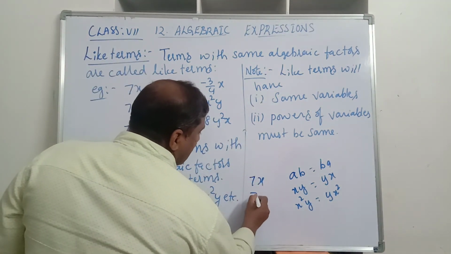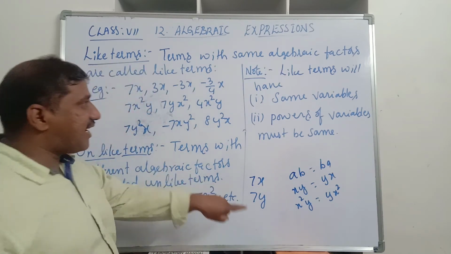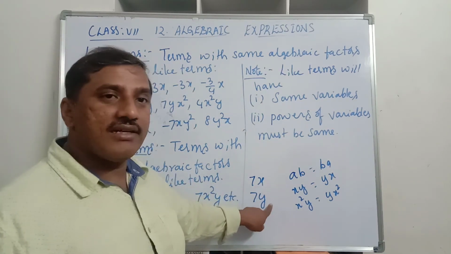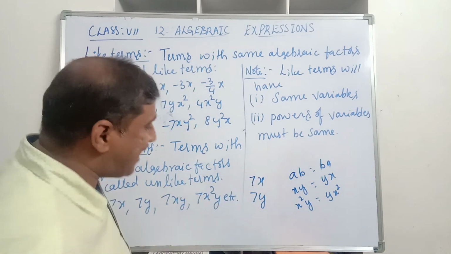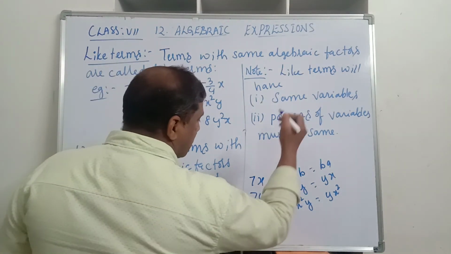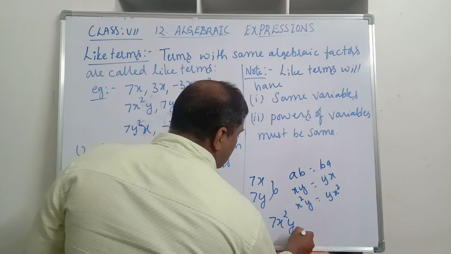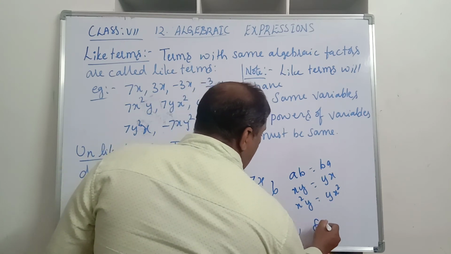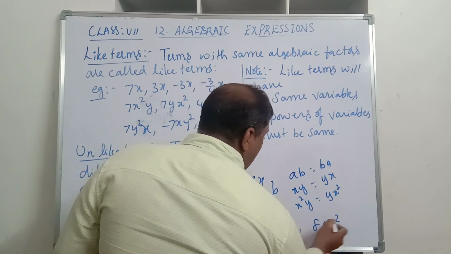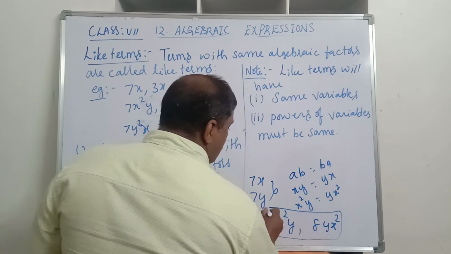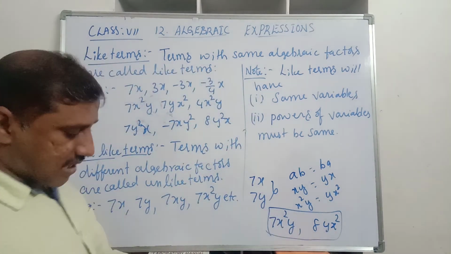For example, 7x and 7y, they have different variables, x and y, so they are unlike terms. Take one more example, 7x square y and 8yx square. Observe these two, are they like terms or not?